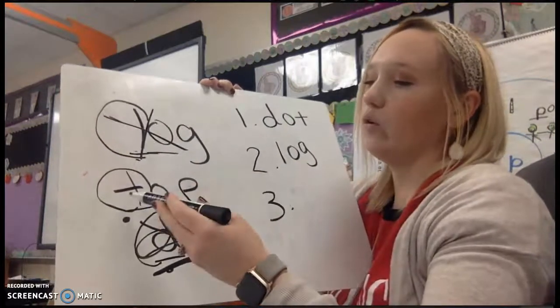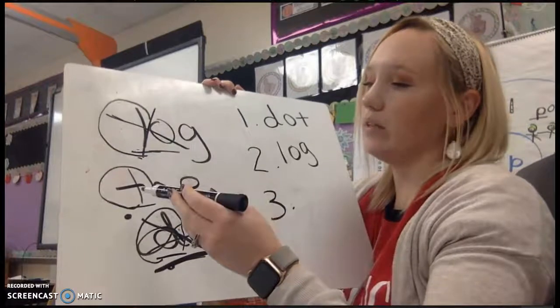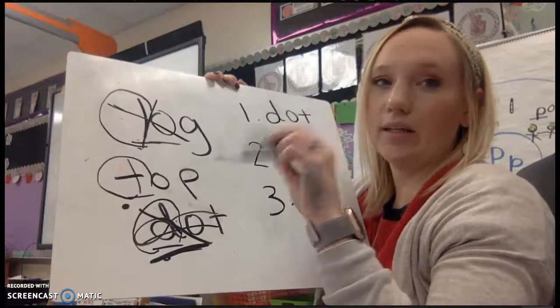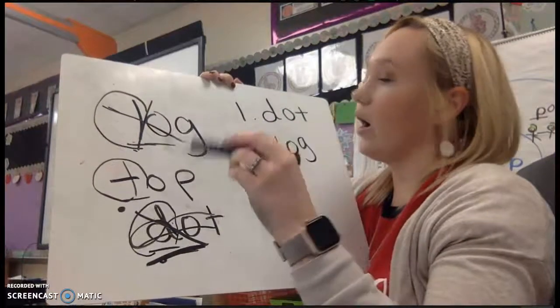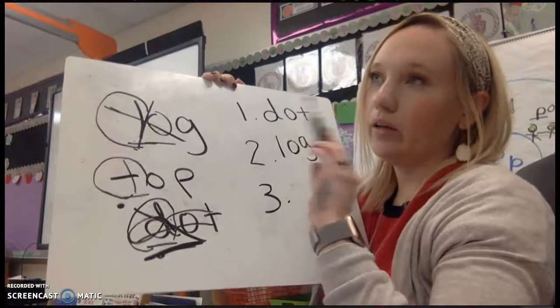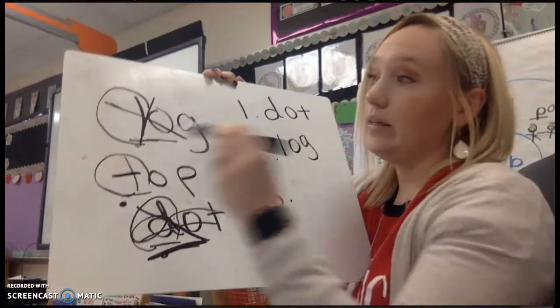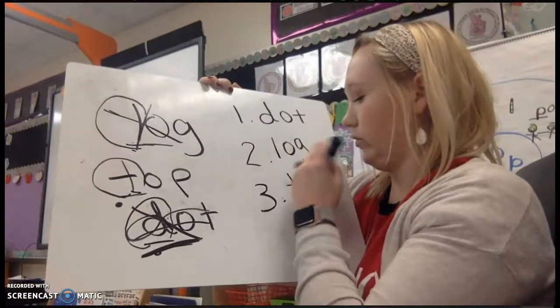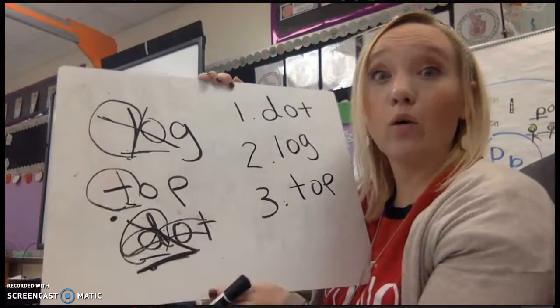And then my final word is top, and T comes later on in the alphabet, right? A, B, C, D, E, F, G, H, I, J, K, L, M, N, O, P, Q, R, S, T, U, V. So then I would write top. Now my words are in alphabetical order.